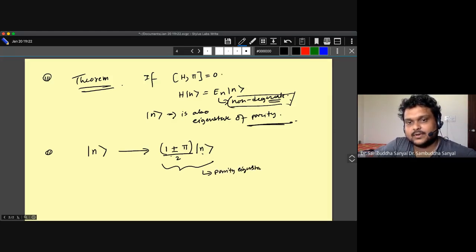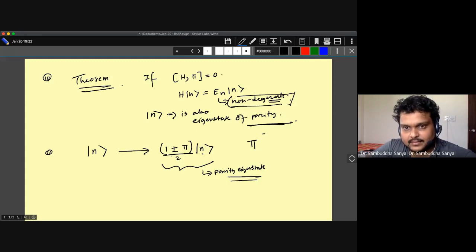And why is it true? How do you know that? You know that if you apply Π on this whole thing, (1 ± Π)/2 |n>, you will get ± (1 ± Π)/2 |n>.